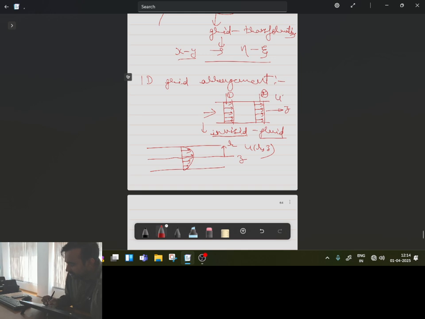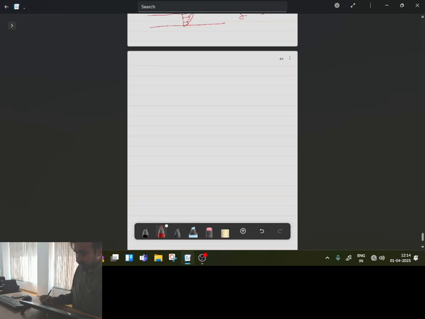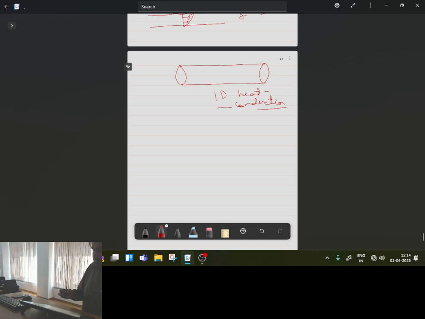Okay, so then velocity will be a sole function of z. Okay, so in this type of one-dimensional flow approximation, even this type of situation you may encounter if you consider purely one-dimensional heat conduction inside a rod. Okay, what will happen in this scenario if you consider 1D heat conduction? So you will be assuming that temperature at all the locations is same, say T1, T2 or T3, and temperature is only the function of direction z.